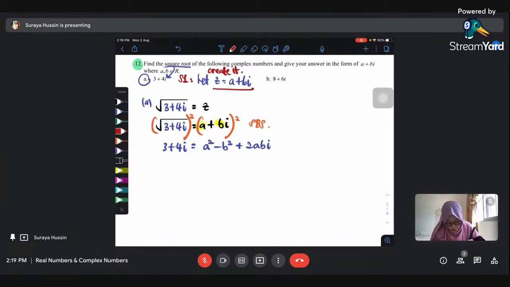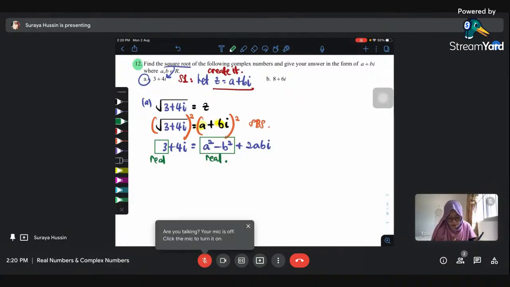What I am trying to tell you right now is you have to compare your real part with real part. Saya harap tak ada student saya satu pun yang mempunyai masalah untuk compare real and real. Whereas yang ada I tu kita panggil dia, what do we call it?